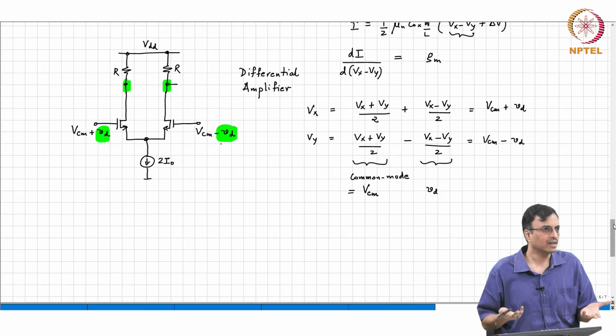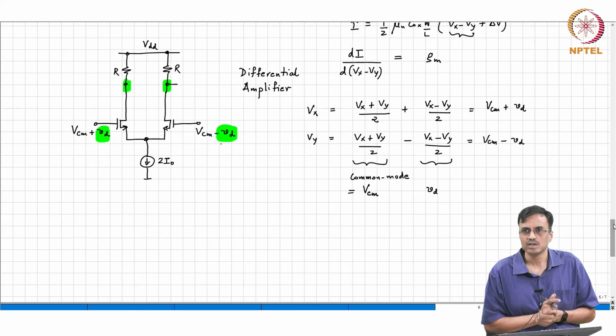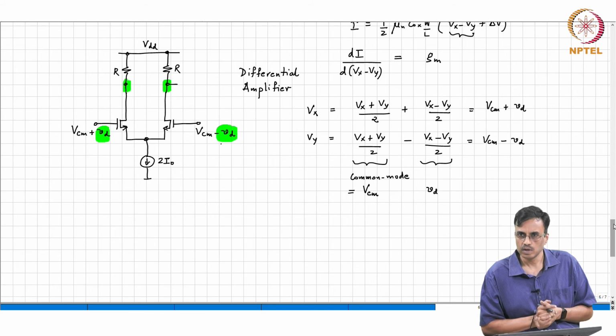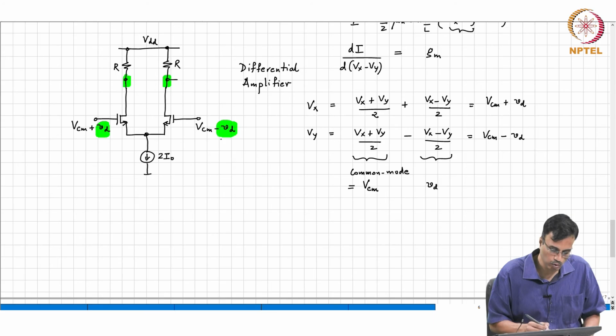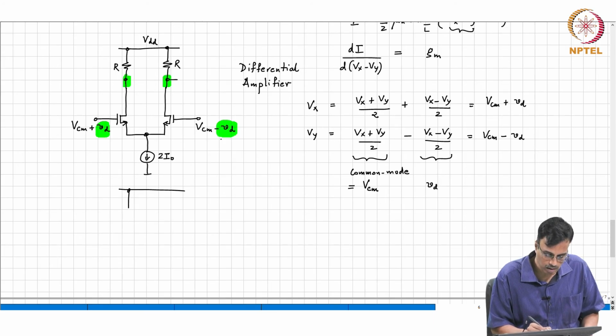The first job is to find the operating point. So, to find the operating point, what will you do? You set the small signal component to 0, correct, and then find the node potentials. So, basically the operating point calculation is very straightforward.